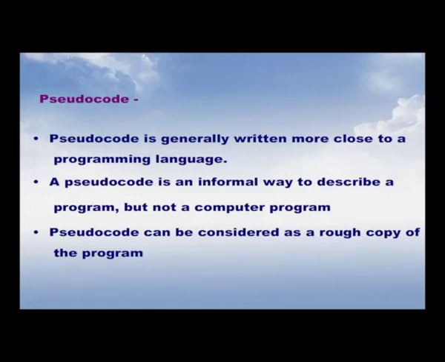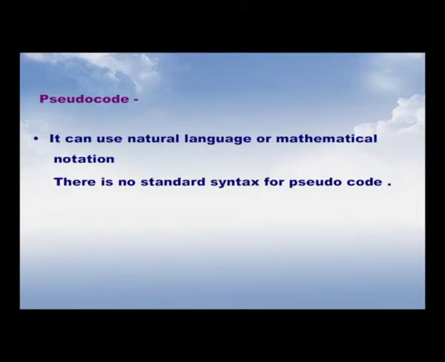Pseudocode can be considered a rough copy of the program. It can use natural language or mathematical notation. There is no standard syntax for pseudocode, so you do not need to worry too much about the syntax and format. Pseudocode style varies from one person to another.